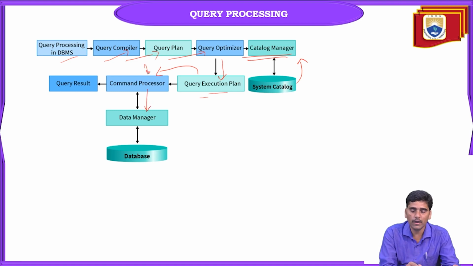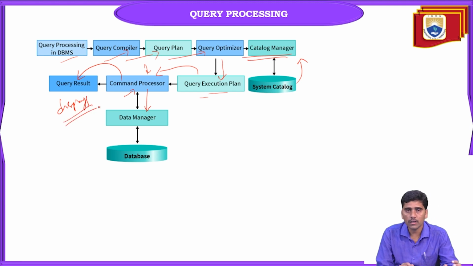This is the command, you want to display the record, you want to give the result as per this command, and that is informed to the data manager. Then the data manager helps the command processor give that result, and the command processor displays the query result here. That is how query processing happens in the DBMS.